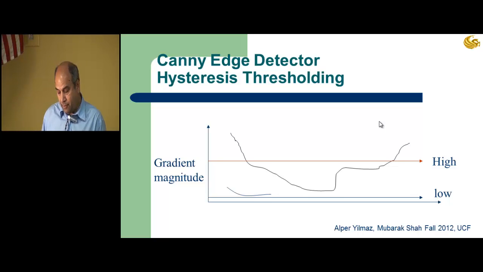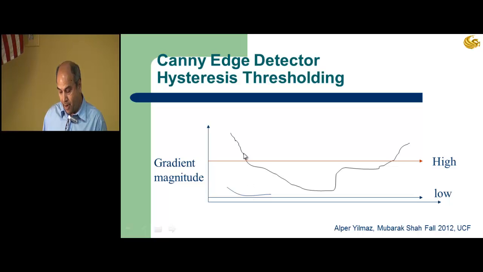Now, the other option is, well, we'll pick the high threshold, which will get rid of this noisy edge, but then it will get rid of this whole portion, because it's below the high threshold. So therefore, one threshold alone is not going to work, either low or high. So we are using both thresholds, low and high. We are going to say, well, this is below high, so we are not going to use it.